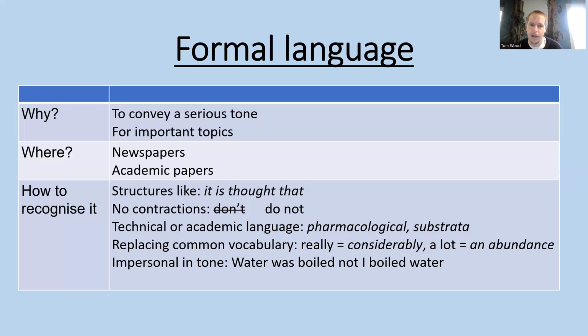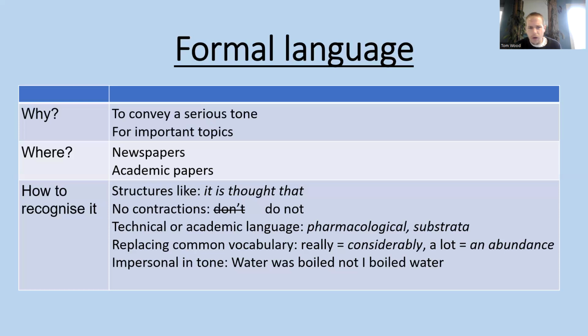In formal language, you will see the full "do not" as opposed to using "don't." It would be the same with "cannot" and "can't," "should not" and "shouldn't," things like this.